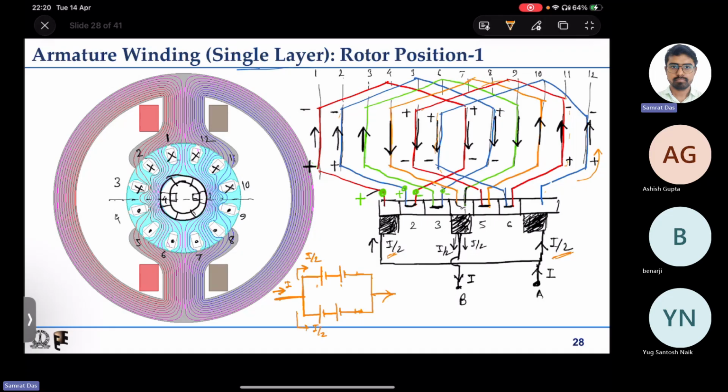So the total net induced EMF is equal to 200 volt in this case, because we have two coils which are having non-zero induced EMFs in a path of the two parallel paths, and they are connected in parallel. So that is why the net induced EMF will be the summation of induced EMFs of two coils at that instant. That comes out to be 200 volt if we consider one to be 100.